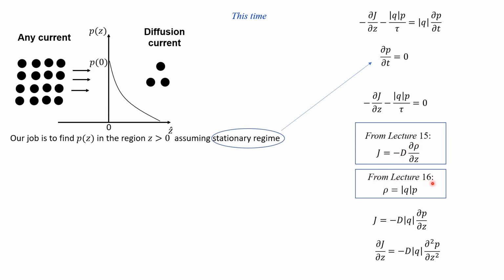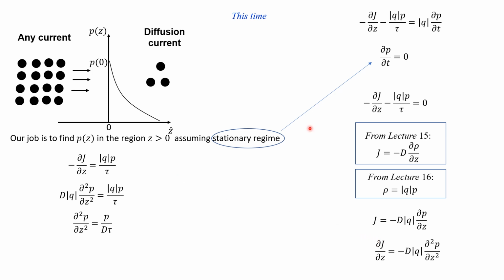And in lecture 16, we saw that the charge density is given by this expression, where q is the elementary charge and p is the concentration of holes. So we can use this expression here, and then we get this expression for the current density. And in our equation we have the derivative of the current density. So when you take the derivative, we already have a derivative here, so we get a second derivative.